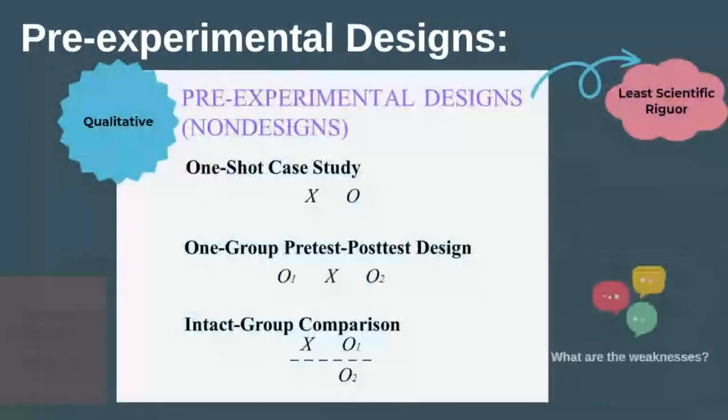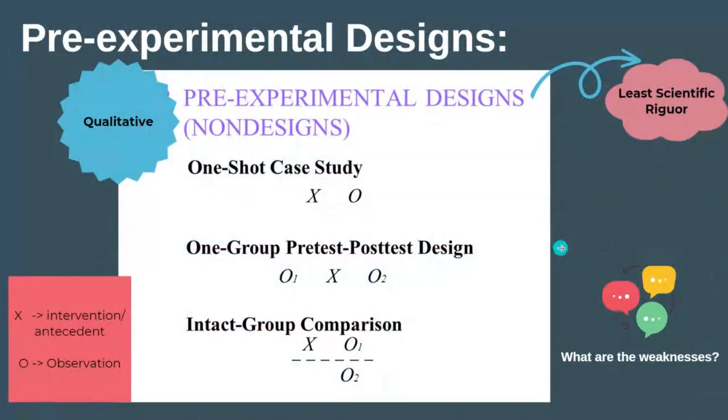So the idea behind that really is that if you take a measurement before an event and after an event, that is a pre-test, post-test design. So pre-test being the first observation, post-test being the second observation after you have intervened somehow, after you have manipulated your variable.